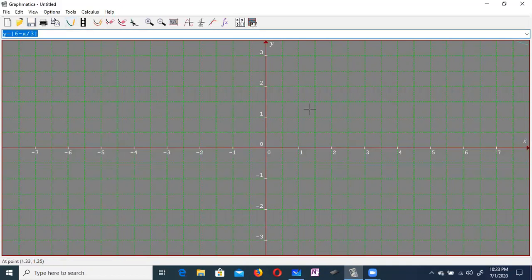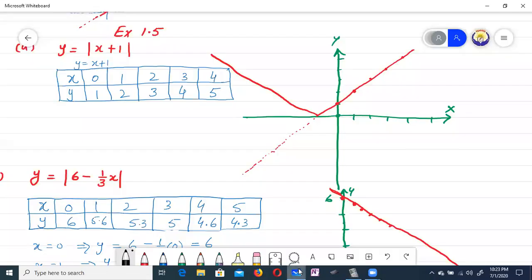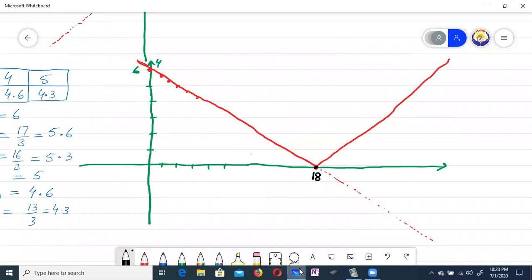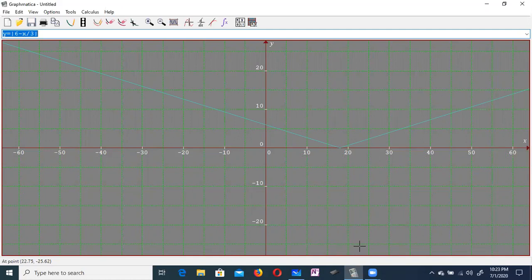Its graph is this one, as that is intersecting at 18. Then I can make it more closer. You can see here this is before 20. At 18 this is intersecting the x-axis. This is the turning point, x is equal to 18. Now you can see this graph and this graph, both are similar.